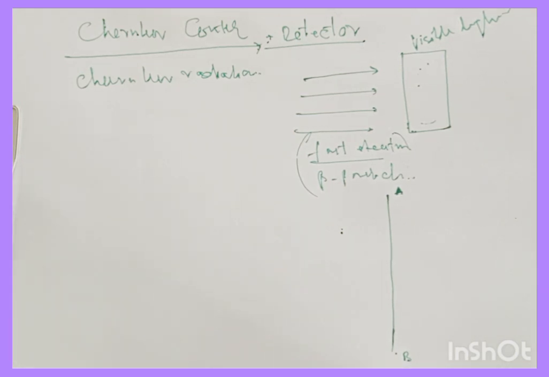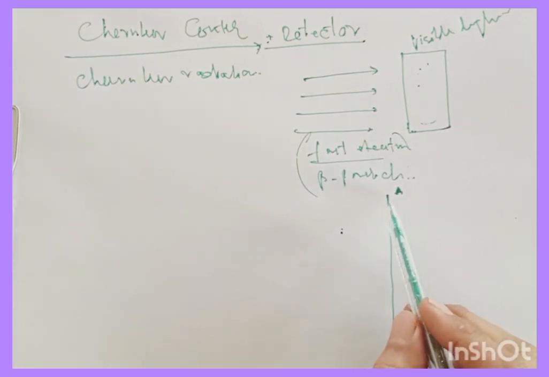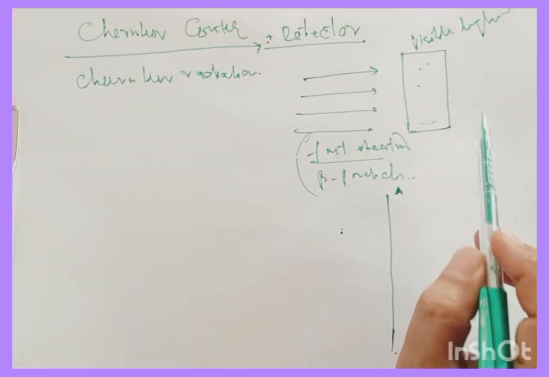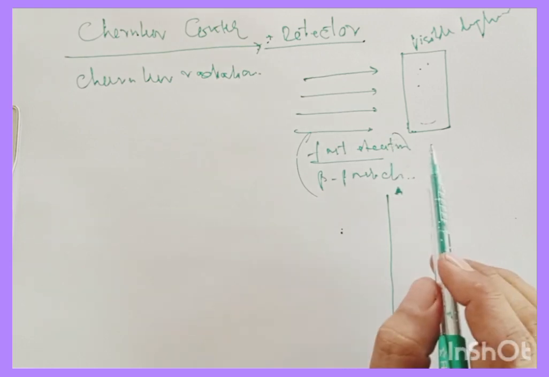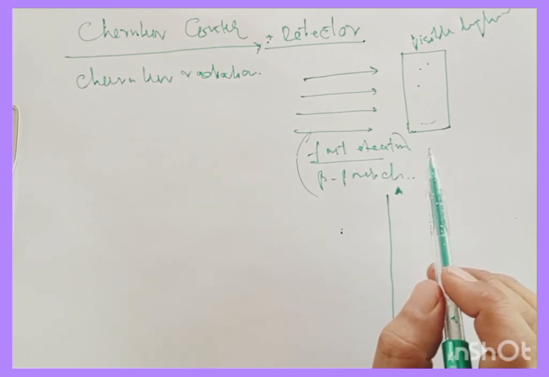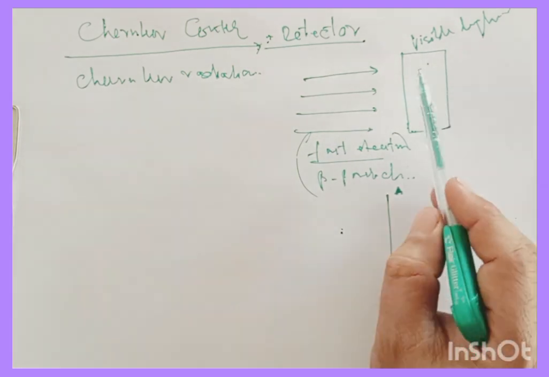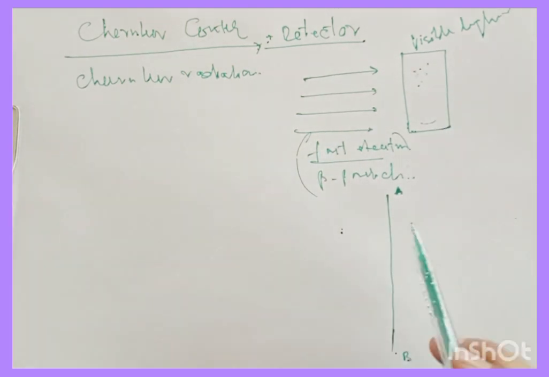Now, on encountering the molecules inside this medium, the electrons will suffer changes of velocities, which are small compared to the velocity of the beam. So there will be changes inside the material.